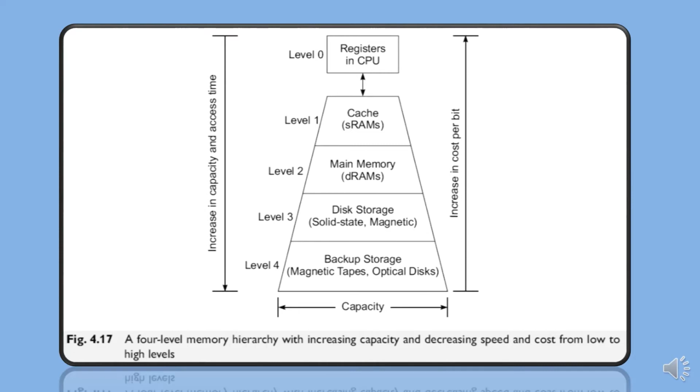Optical disks and magnetic tape units are offline memory for use as archival and backup storage. They hold copies of present and past user programs and processed results and files. Disk drives are also available in the form of RAID arrays.